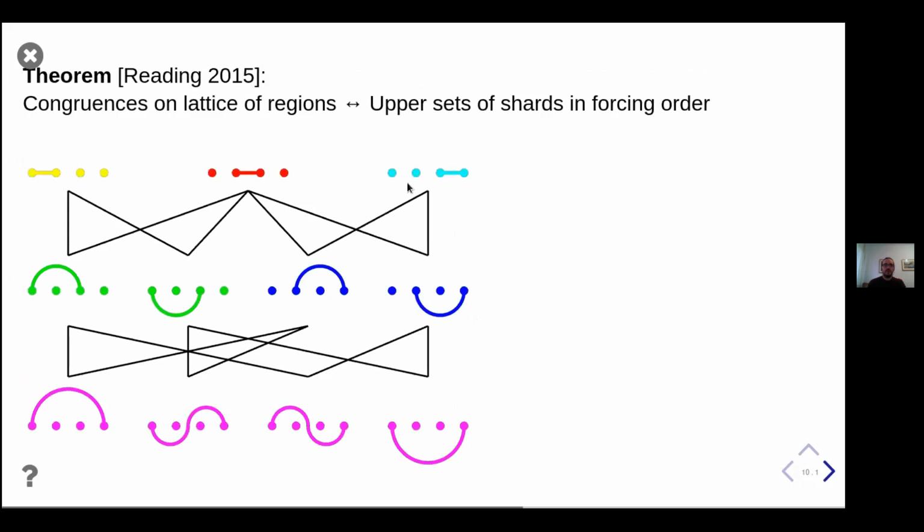And this works in the following way. By removing entire shards instead of gluing pairs of regions, it is easier to describe, and it's also easier to denote. So shards are represented here by these little arcs. As we saw, these are the shards of the Braid arrangement. The hyperplanes in the Braid arrangement are of the form xi equals xj for some i and j between 1 and n.